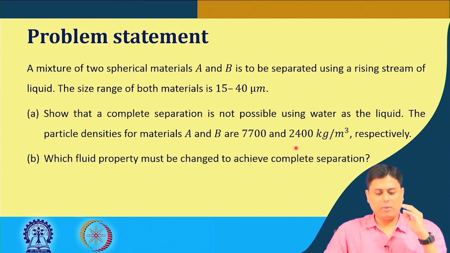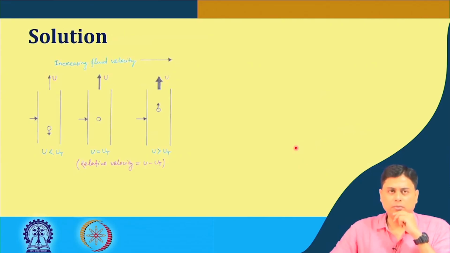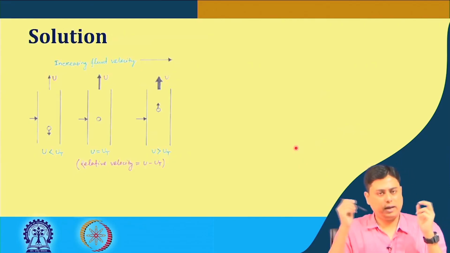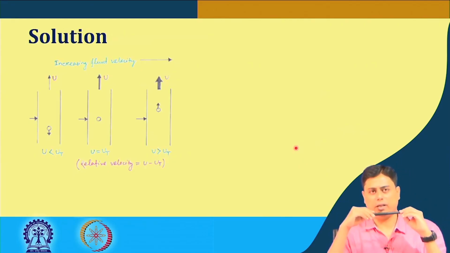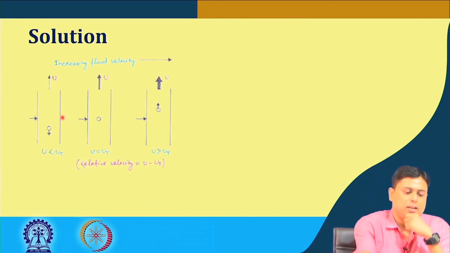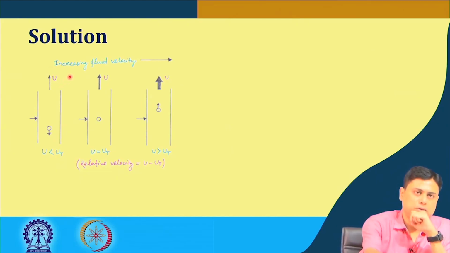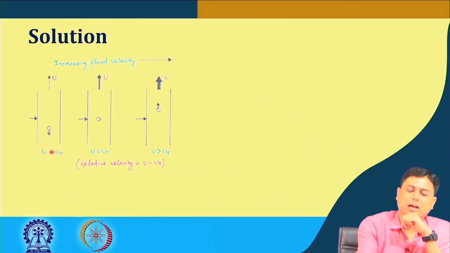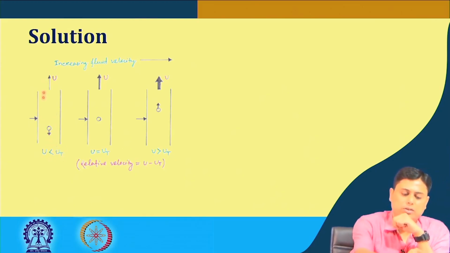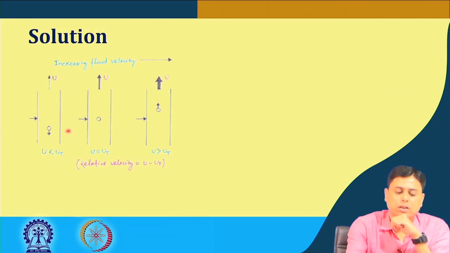Fine. So schematically, if we understand this problem, first think of it in a single particle manner. For a single particle, let us say this is the rising stream of liquid at a velocity u. The single particle, after attaining its steady state terminal velocity, if this terminal velocity is larger than the fluid stream, the rising stream, then it will settle.